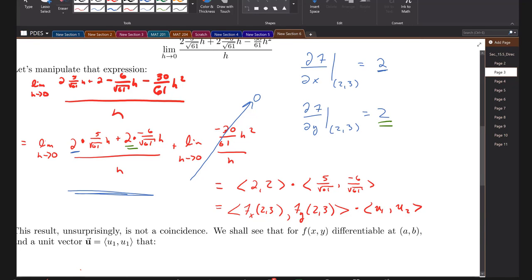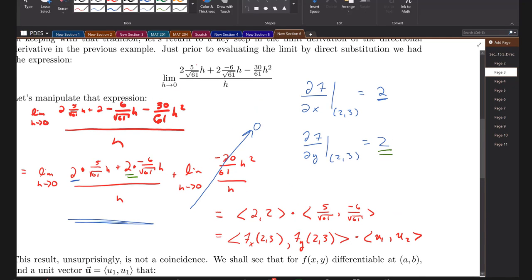So that's just from this, Xavier. What I did was I just highlighted this part right here, and that would have simplified down to 2 times 5 over the square root of 61 plus 2 times negative 6 over the square root of 61.